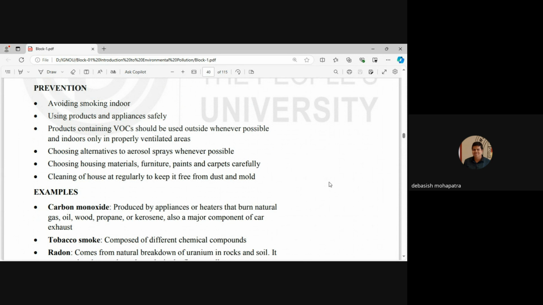Examples: carbon monoxide produced by appliances or heaters that burn natural gas, oil, wood, propane, or kerosene, also a major component of car exhaust.